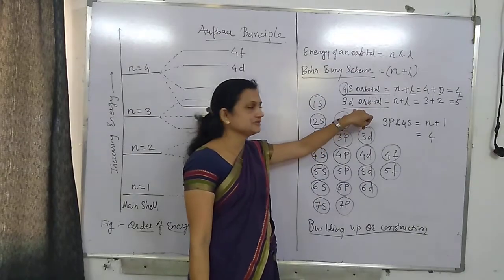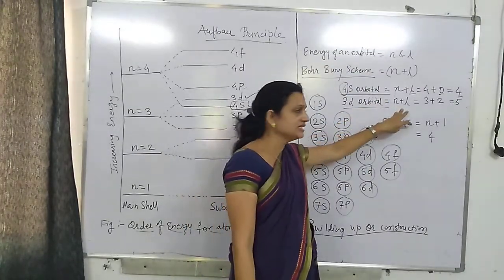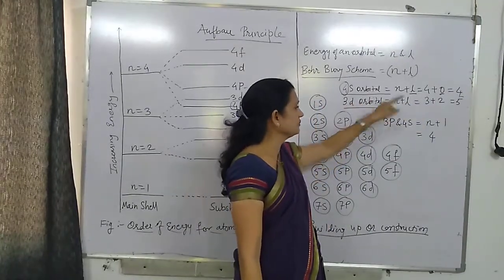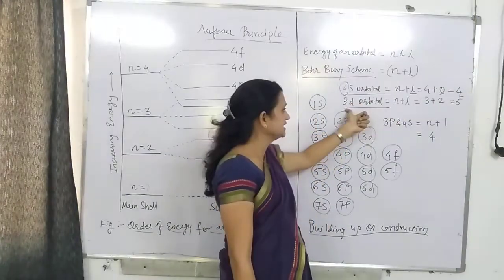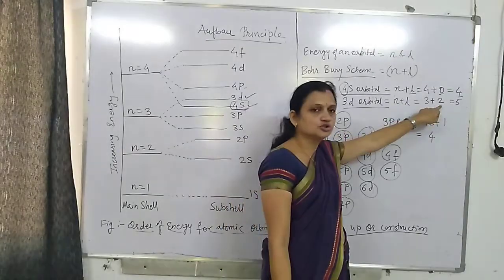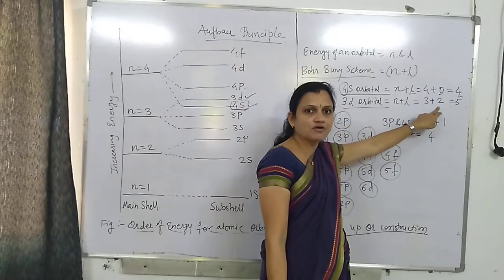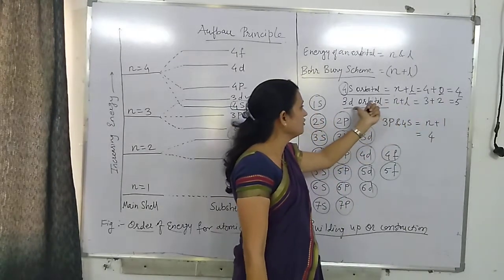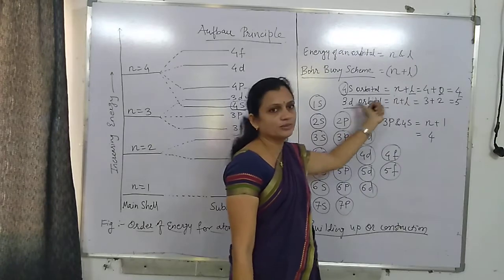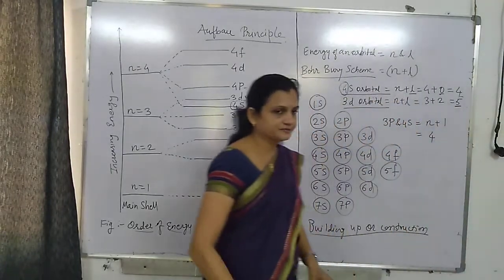Now the next is for the 3d orbital. For the 3d orbital the value of n is equal to 3, and for a d orbital the value of L is 2. That we have already studied in quantum numbers. The value of L for a d orbital is 2. Therefore 3 plus 2 is equal to 5.